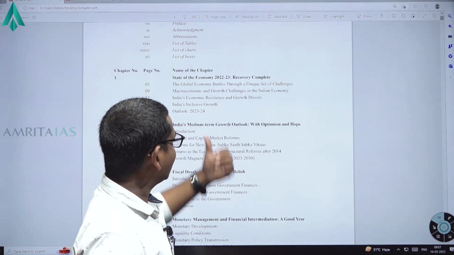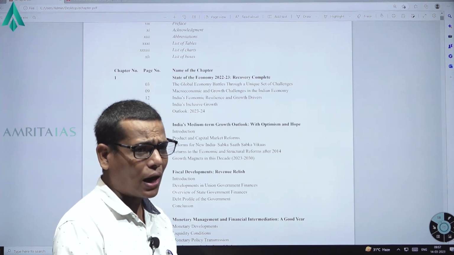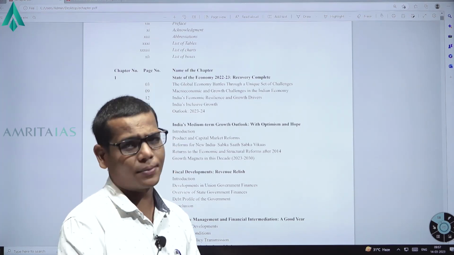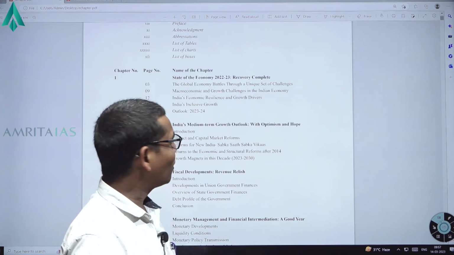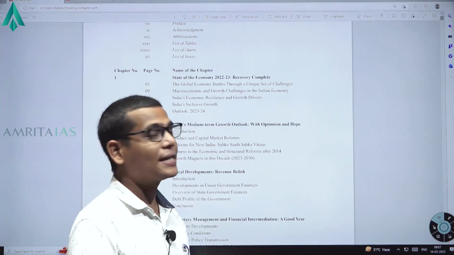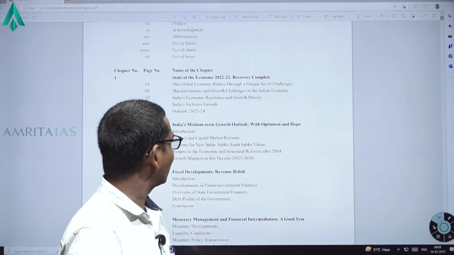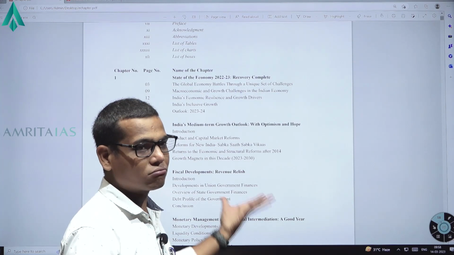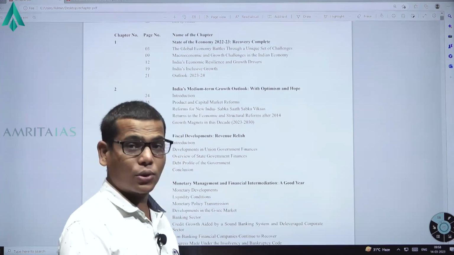The first one is relating to the state of economy. So how the economy has performed in the last 1 year particularly, and also what is the outlook for the next year. So next year at what rate we will grow. That is also mentioned in India's medium term growth outlook.